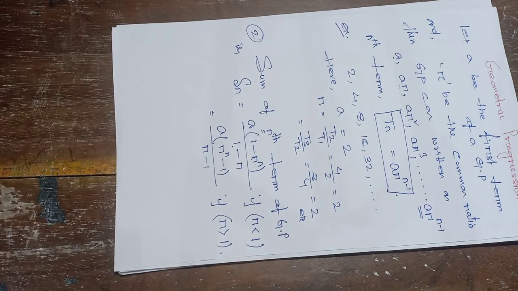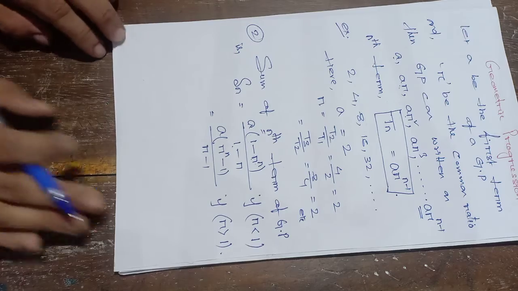Now in the other case, when there are an infinite number of terms, meaning there are not n terms, suppose we are going to find the sum of an infinite GP series.